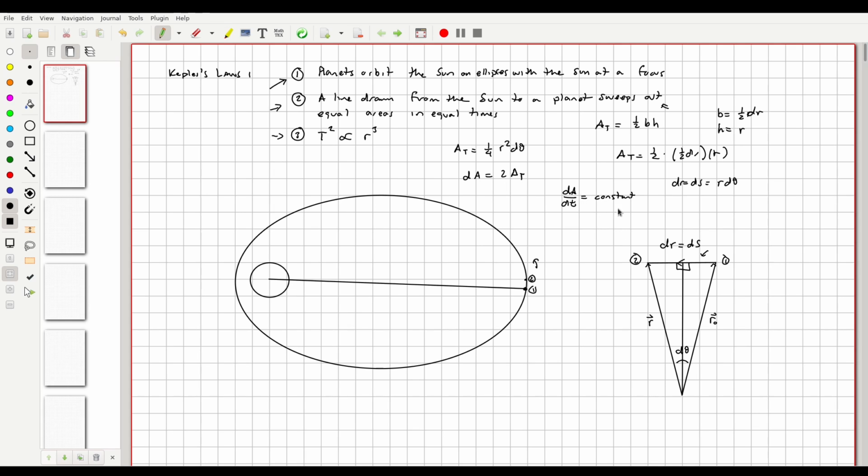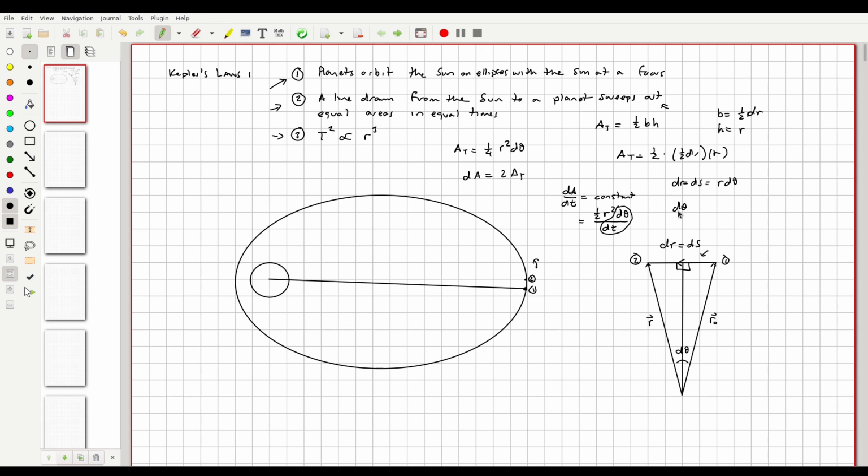So in this particular calculation right here, dA is twice this. 2 times 1/4 is 1/2. 1/2 r squared d theta divided by dt. So this is Kepler's second law. Now you have a d theta dt.